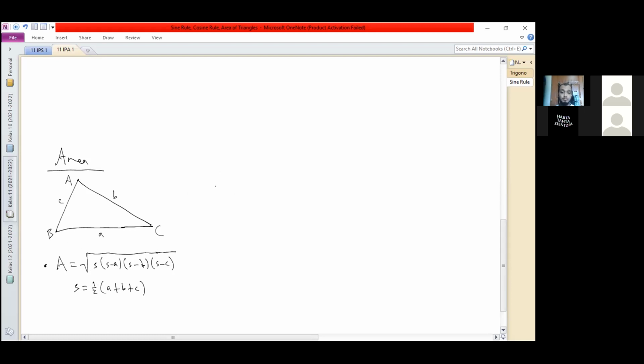So let's give an example for the first one. Let's say 6, 7, and 8. What is the area? First we need to find S, half of the perimeter.